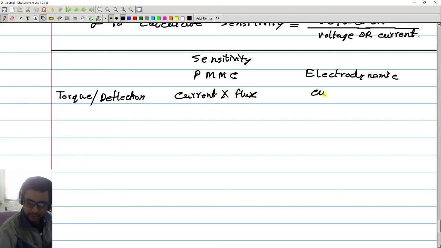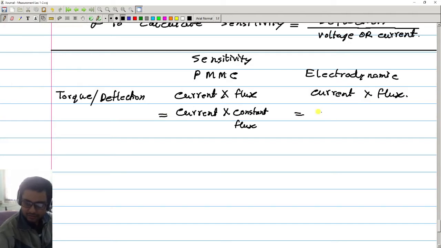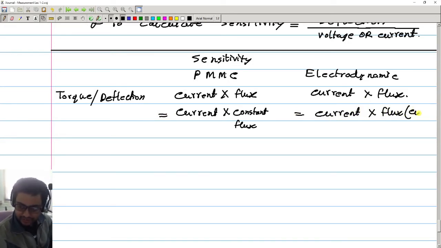Here also it depends on current and flux. But for PMMC, it is current multiplied by constant flux, because we have a permanent magnet. But here we have current multiplied by the flux, which is also a function of the current, proportional to the current.